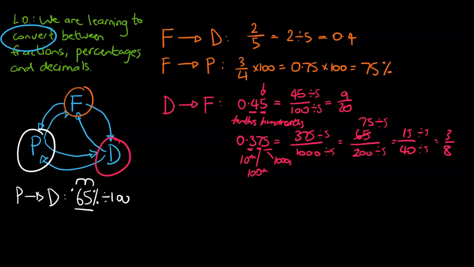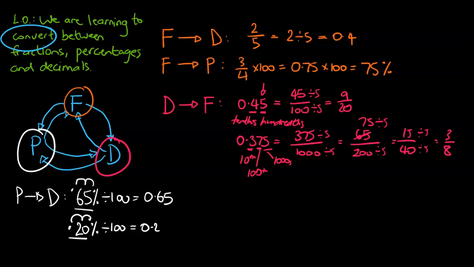So that there would be 0.65. And if, for example, we had 20%, divide by 100, go 1, 2, and that leaves us with 0.2. You can put 0.20, but 0.2 will suffice as well.